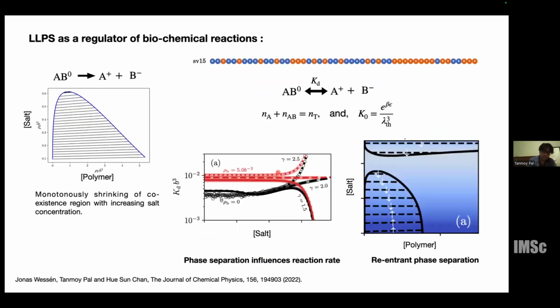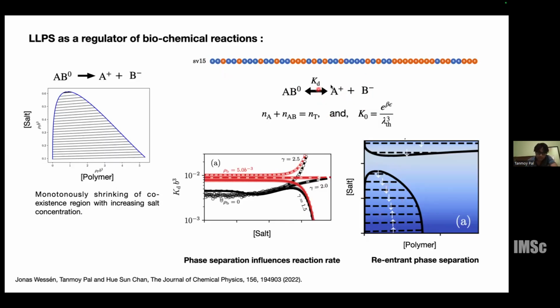So next, we know LLPS could be a regulator of biochemical reactions. But here we are showing that biochemical reactions could also influence the LLPS. For example, we consider this reaction where AB neutral goes to A plus and B minus ions. These are positive and negative charged ion pairs. And in this solution, if we put a bunch of Sb15, this sequence, we see a re-entrant phase separation with increasing salt concentration.